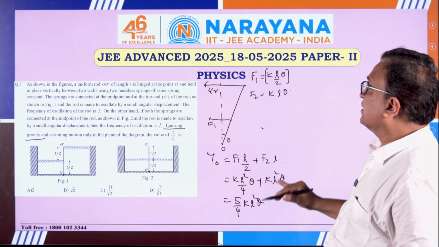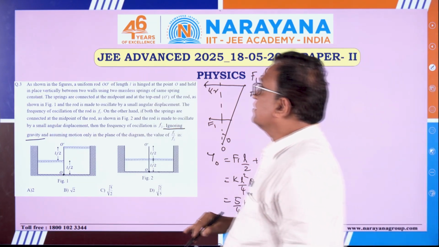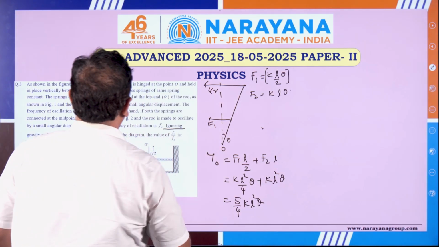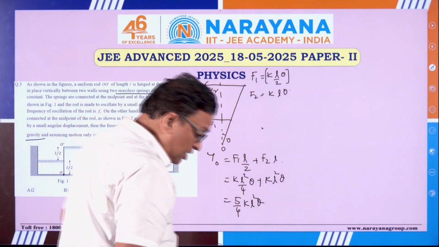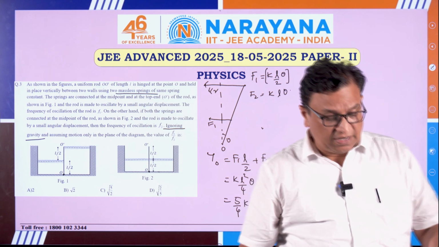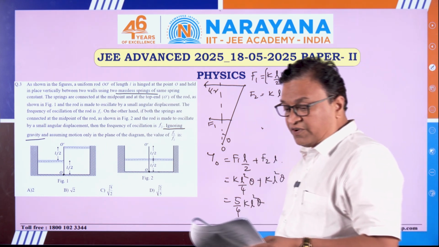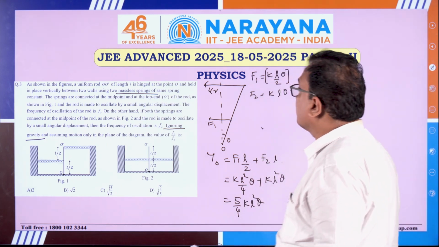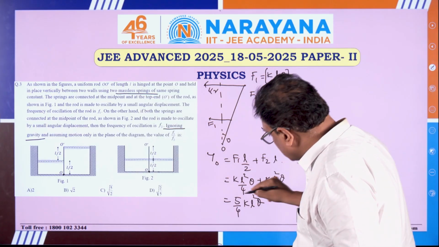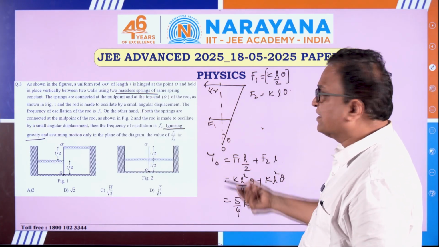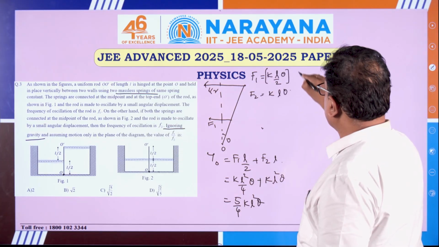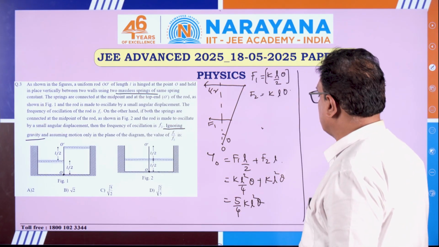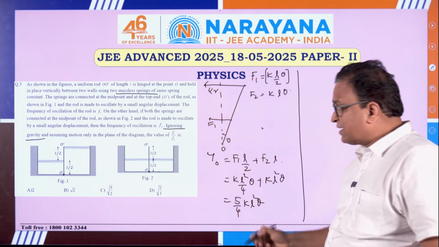The springs are connected. I just want to add one more point. Vertically, two massless springs. Massless springs is also an important criterion in solving this question. If it is not mentioned, we are in trouble. Now see, this is the force constant term. Rest everything is the same. So we will try to see the same situation for the other set.